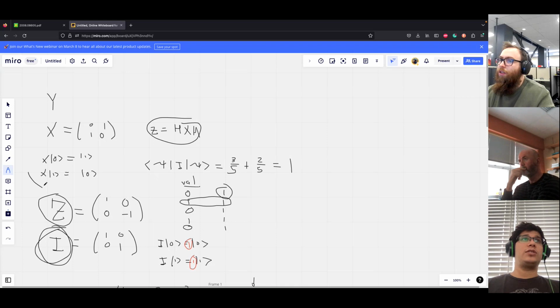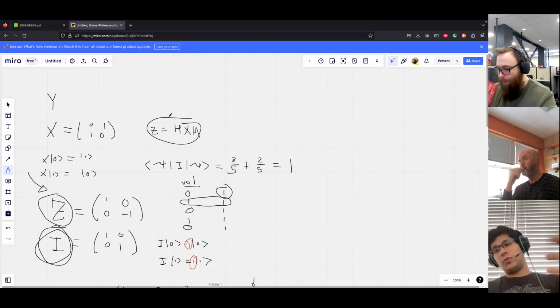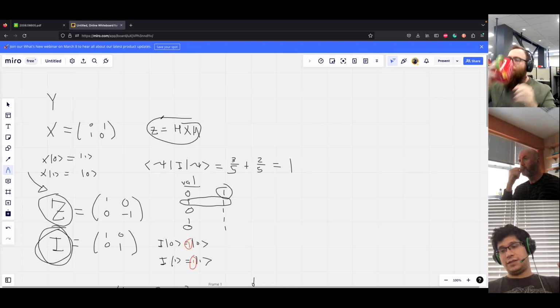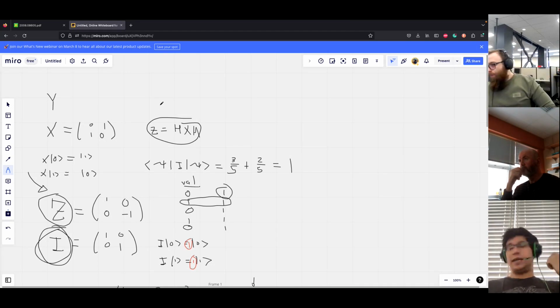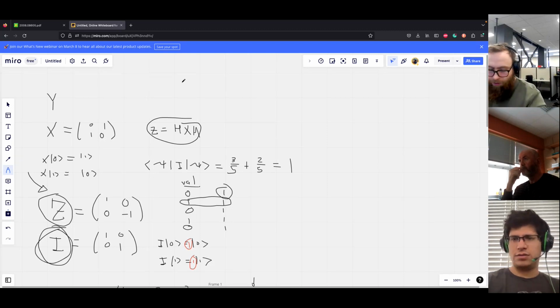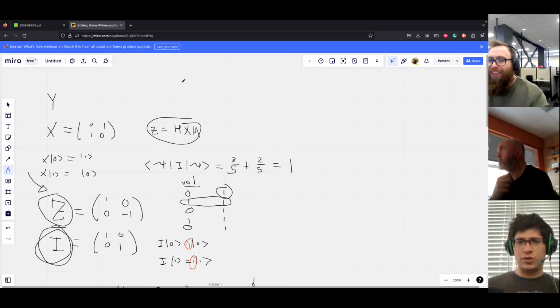So let's start with just the Z operator. The quantum computer can only measure on the Z observable, and we can do things to measure in other kinds of observables, but it gets more complicated. Does that answer the question, or did I manage to confuse you even more?